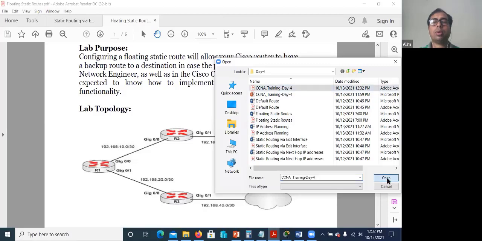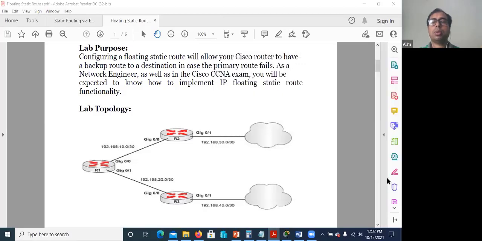Most of the concepts are familiar to you. We'll mostly focus on dynamic routing and related IP addressing concepts in the next session.